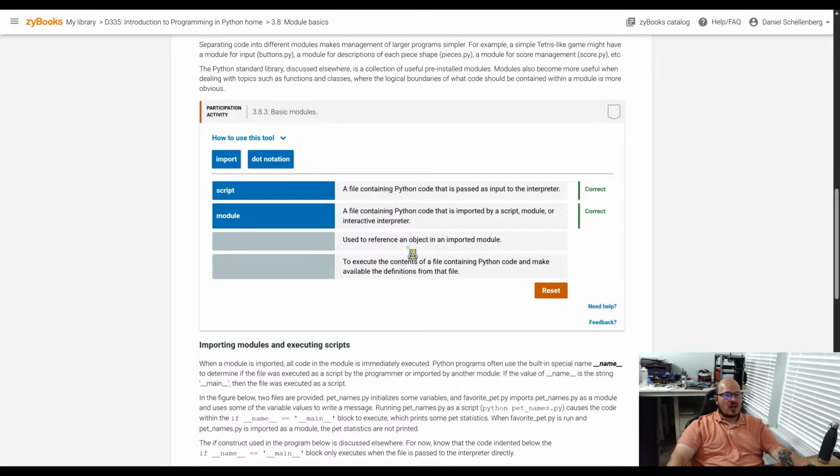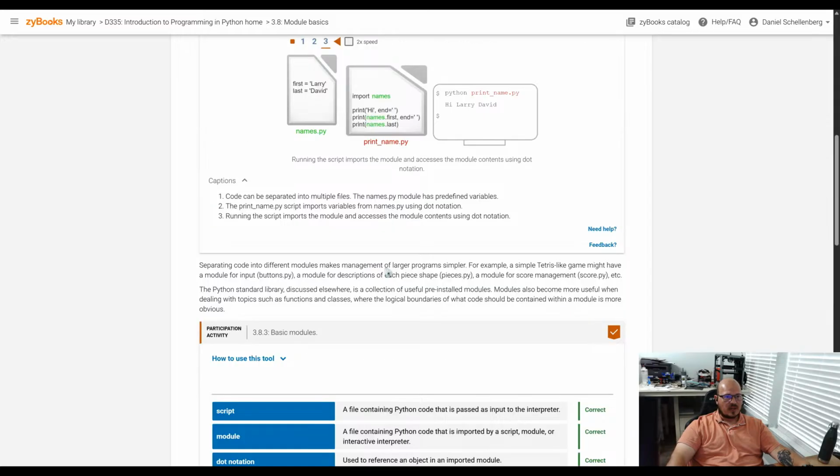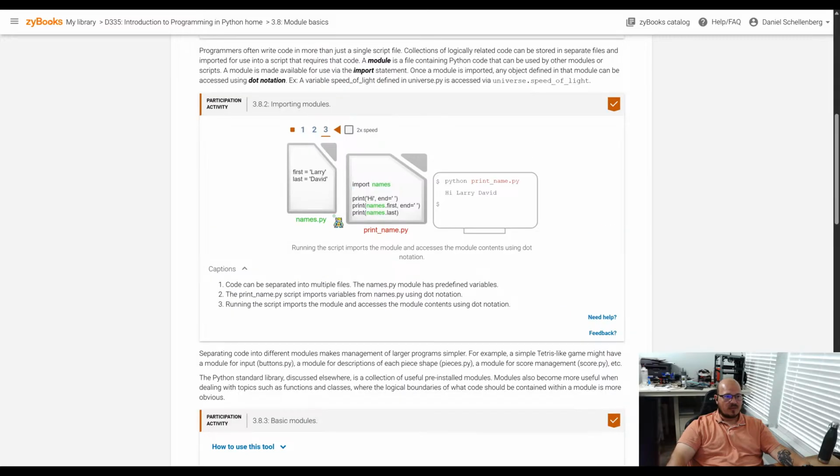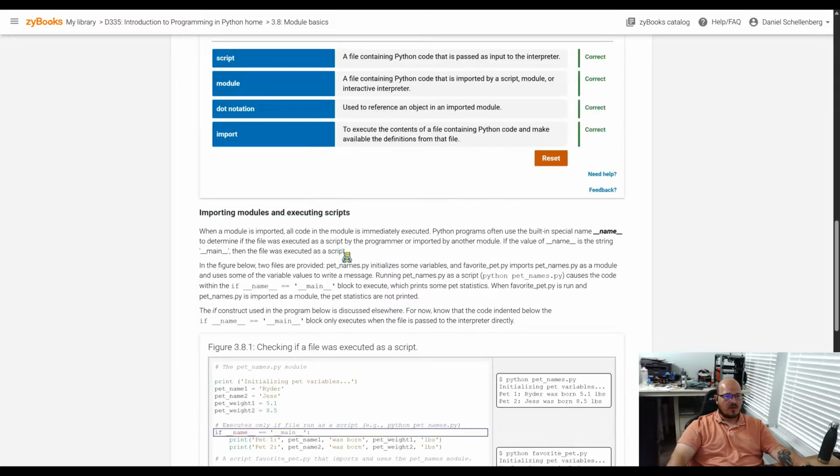Used to reference an object in an imported module, you have to do the file name, dot, and then the variable name. And then import in order to execute the content. So in order to access that file from a script, you have to import names, import the file, like it shows here.